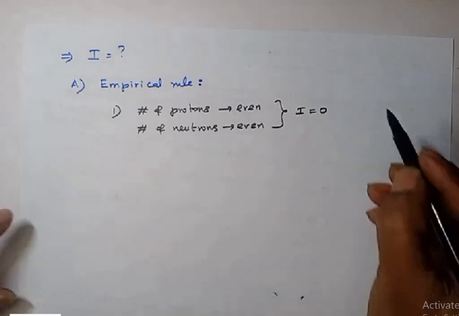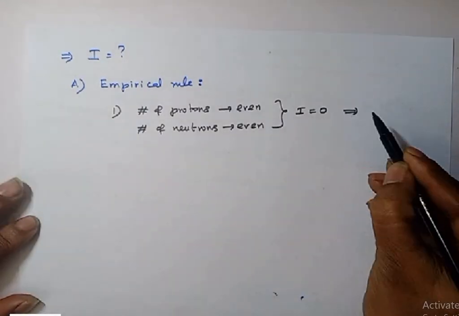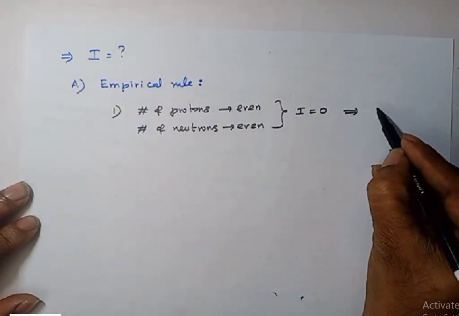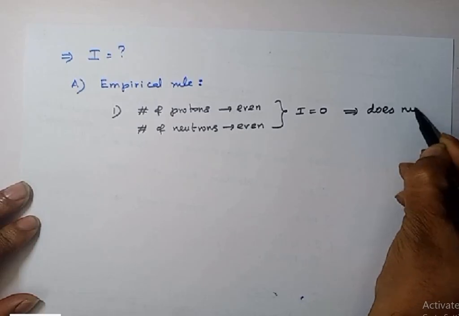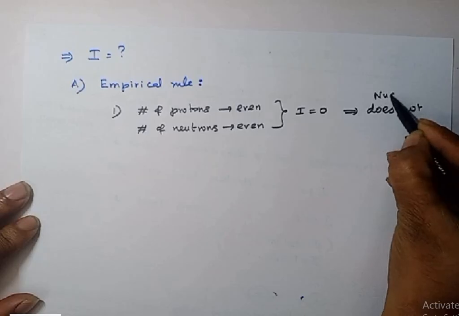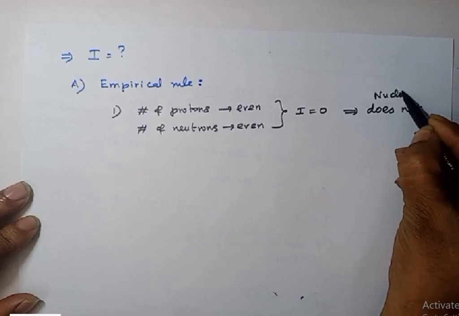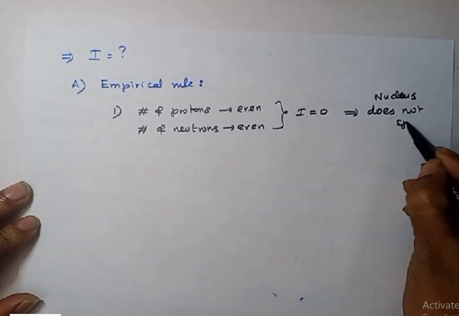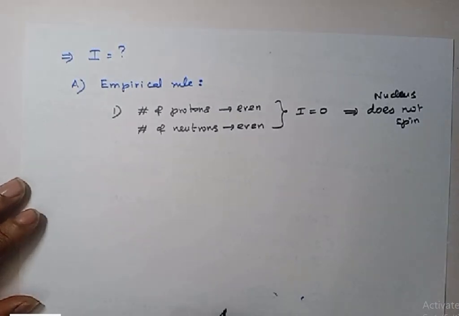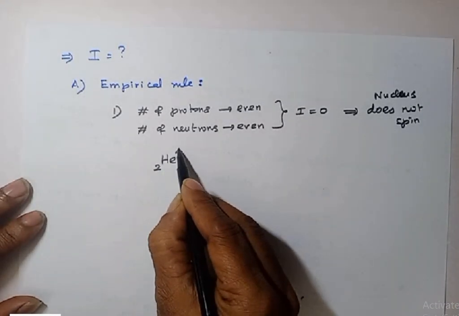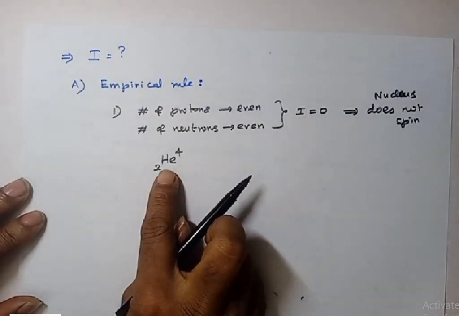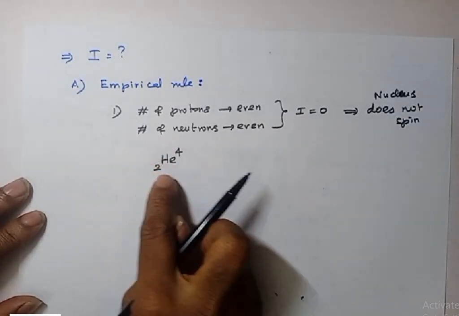If I is 0, you know very well that the nucleus does not spin. Examples: suppose I take helium, He-4 with atomic number 2.